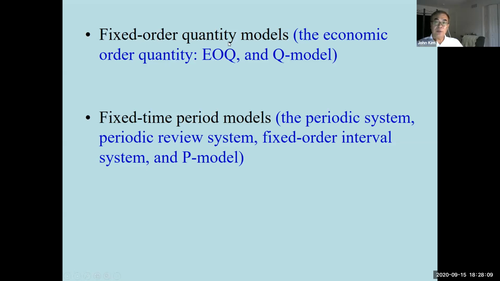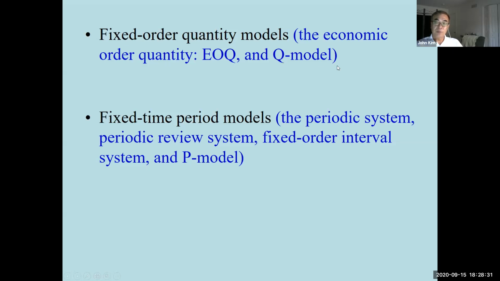Fixed order quantity model: fixed order size, and use that order again and again. We call this fixed order quantity model, or the economic order quantity model, EOQ model, or Q model, because we fix order quantity.